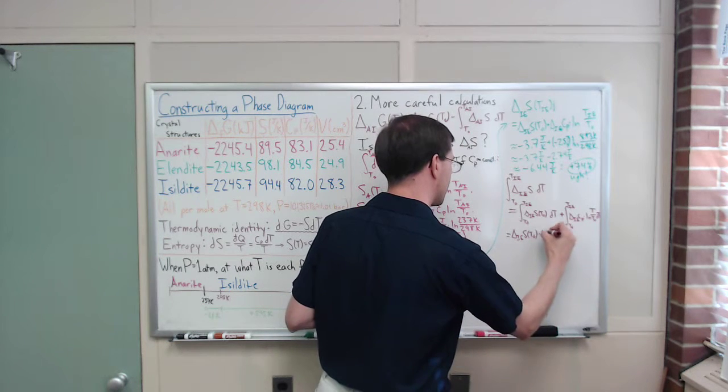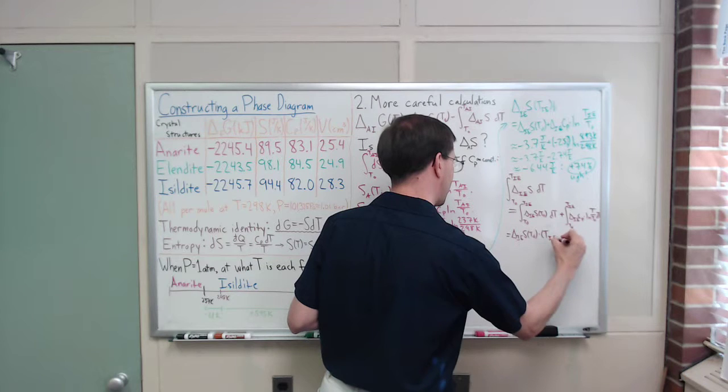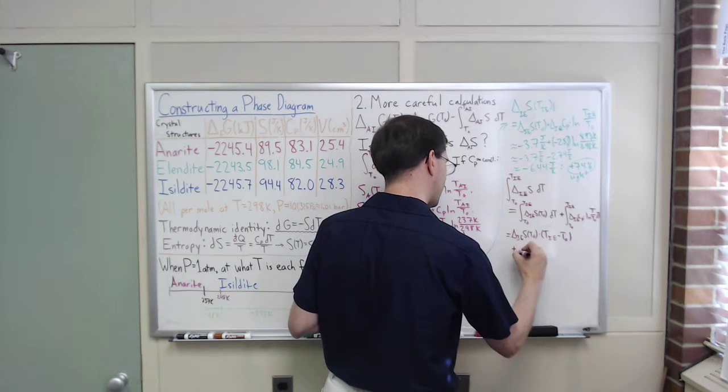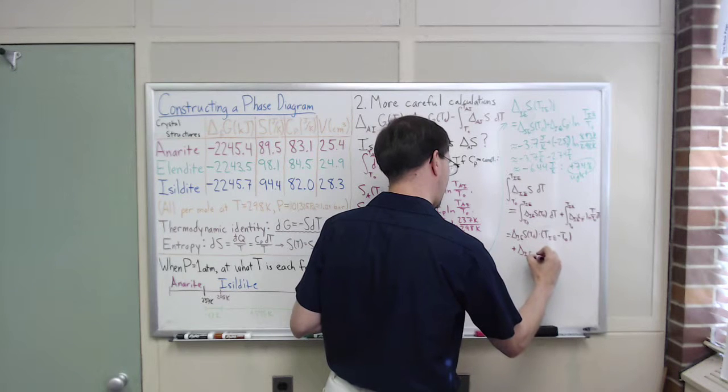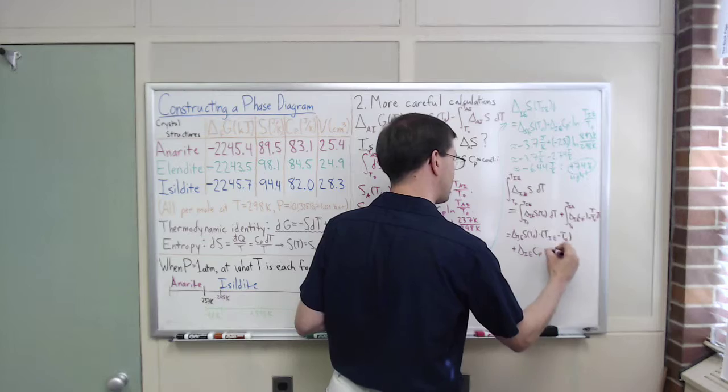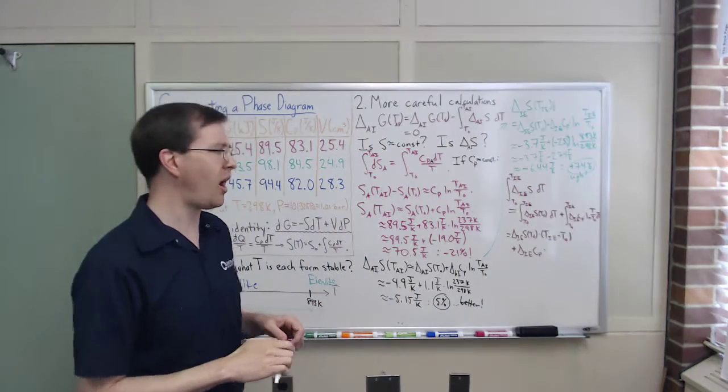I'm going to write it as T_IE minus T naught plus delta C_P of the specific heat times the integral of a natural log.